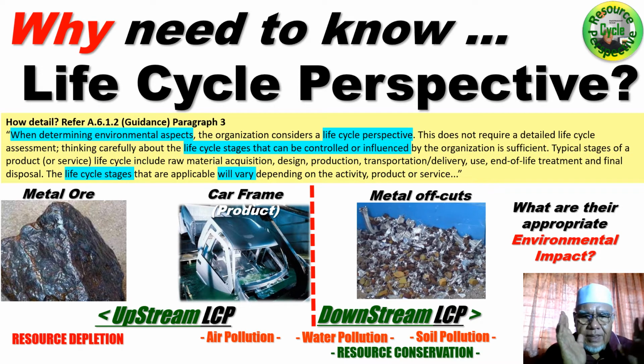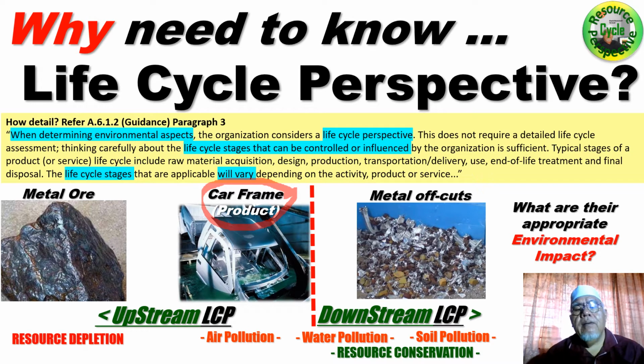All right, now in this case, this is an example of a product life cycle. What product is that? This is the product. For example, what is it? A car body, not the whole car.